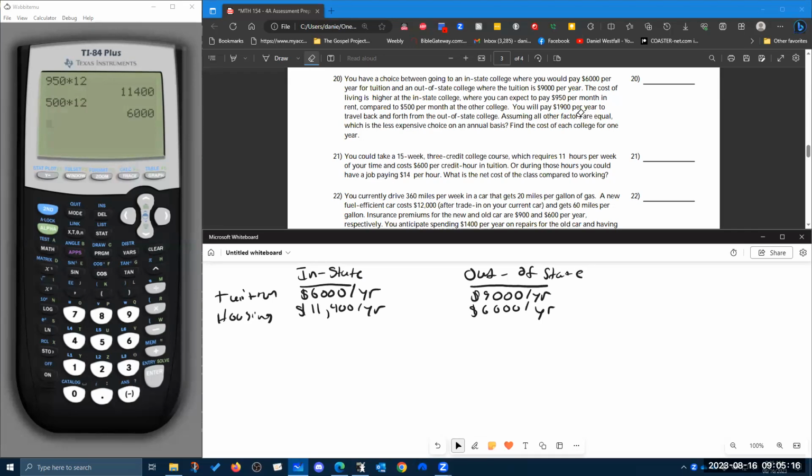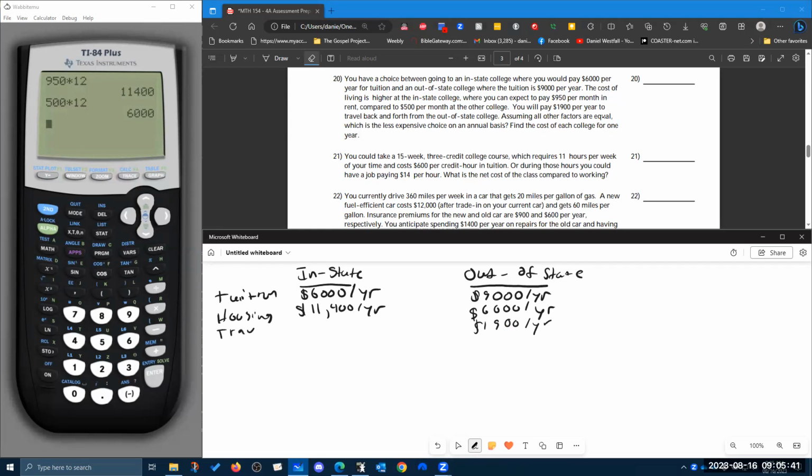And you will pay $1,900 a year to travel back and forth from the out-of-state school.